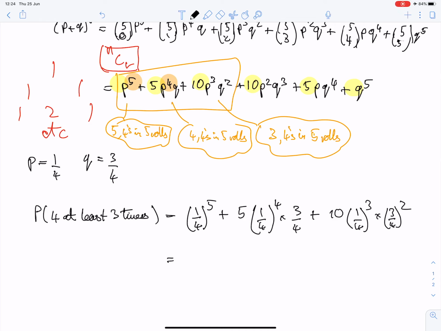Okay, so now 1/4 to the power 5 is 1/2 to the 10, which is 1/1024. You can use a calculator.